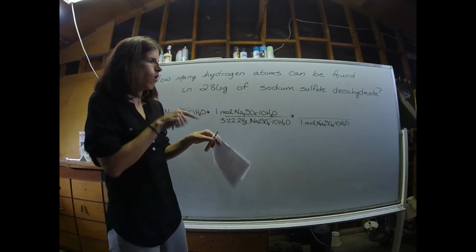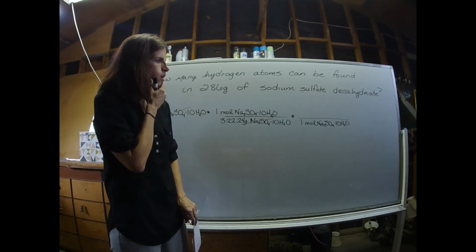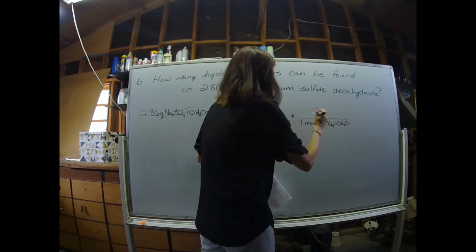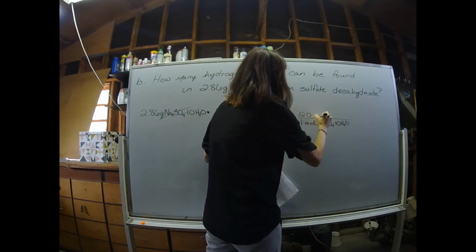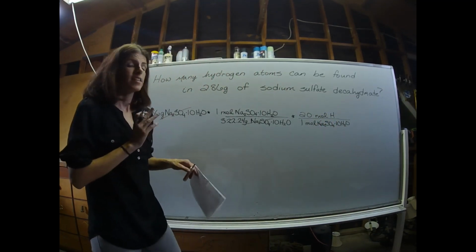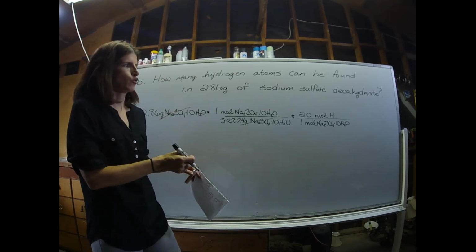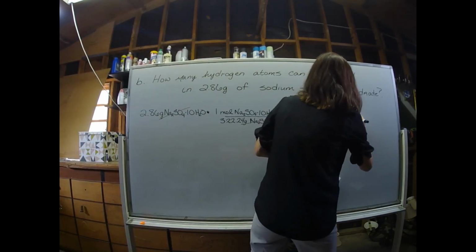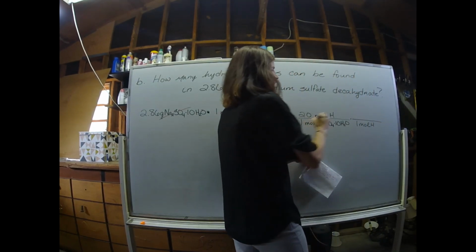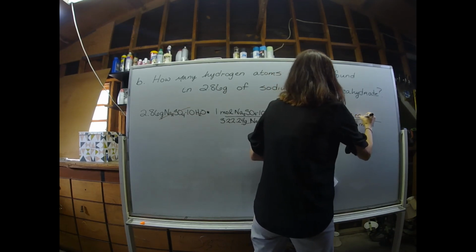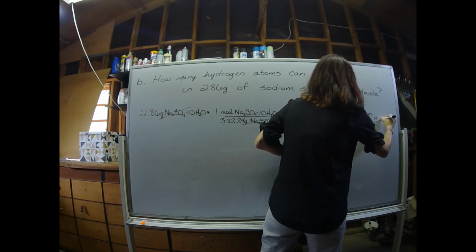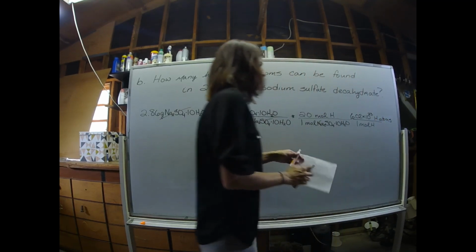So that's in 1 unit though. Right now I'm at the mole level. So I can say 1 mole of sodium sulfate decahydrate has 20 moles of hydrogen. And to get to atoms, I need to use Avogadro's number. So I'm going to do 1 mole of hydrogen in the denominator and Avogadro's number of hydrogen atoms in the numerator.